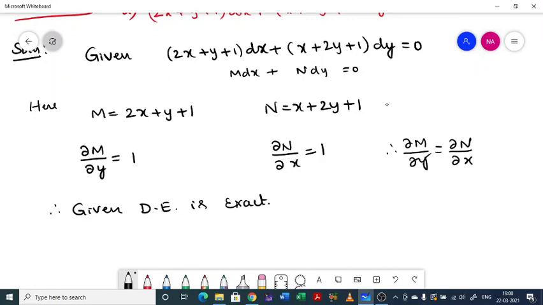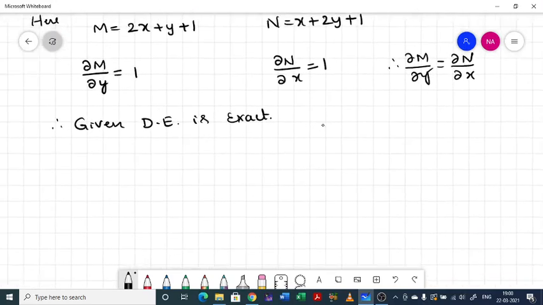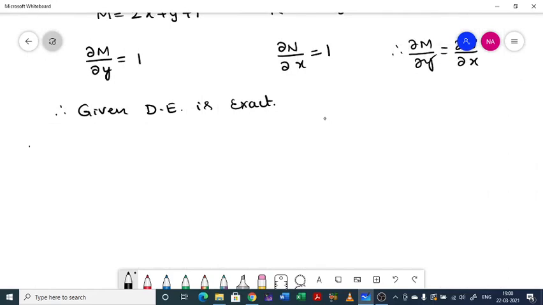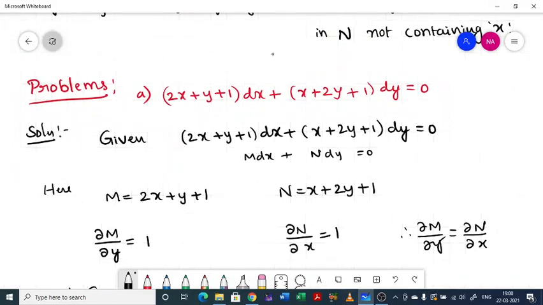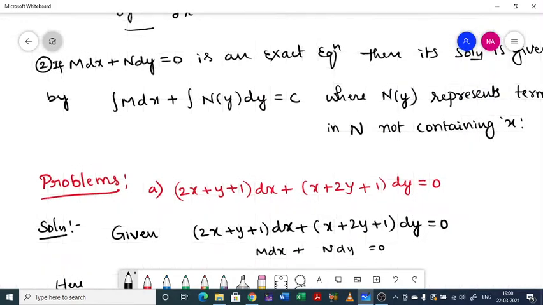Now the equation is exact, so we can write the solution directly. If the given equation is M dx plus N dy equal to 0, then its solution is integral M into dx, same thing you have to carry here, plus integral N of y into dy equal to c.